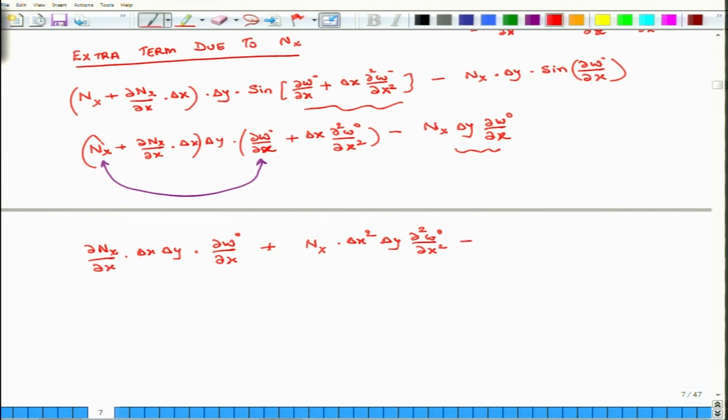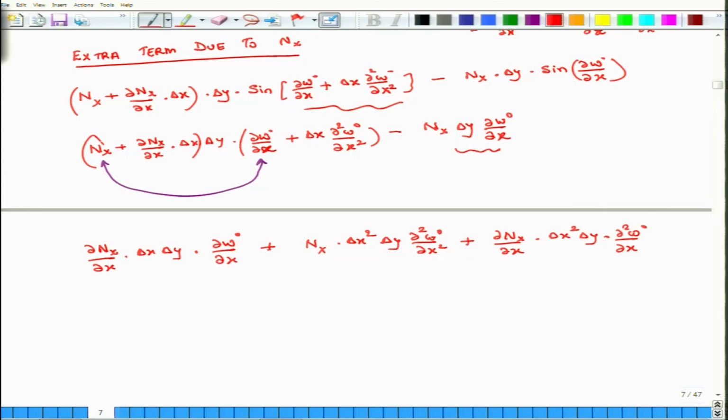This thing, plus I get del nx over del x times delta x square delta y times the second derivative of w naught with respect to x.